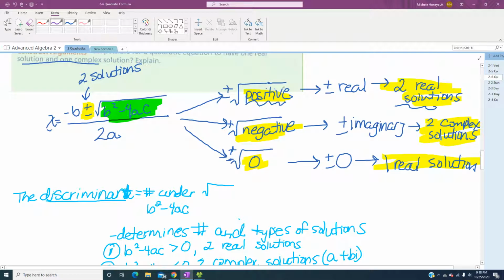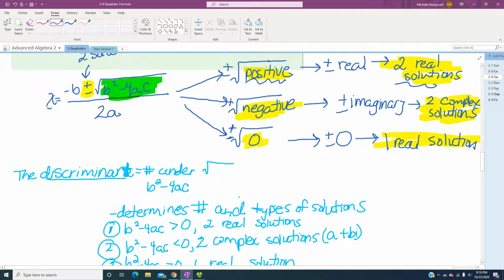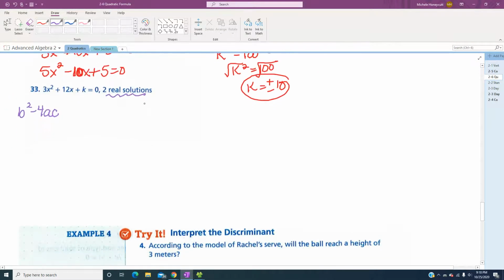So this number under the square root needs to be positive. And the number under the square root again is b squared minus 4ac. So b squared minus 4ac needs to be greater than 0.